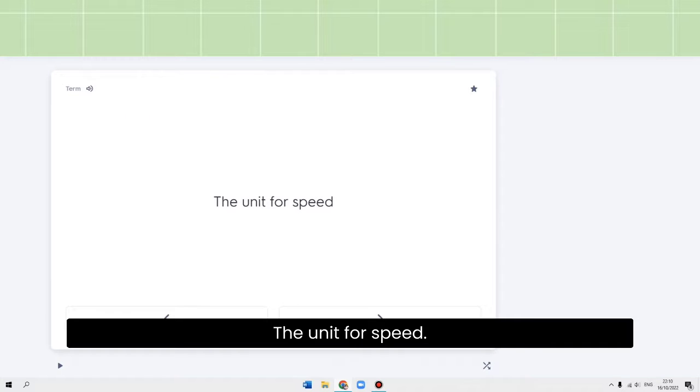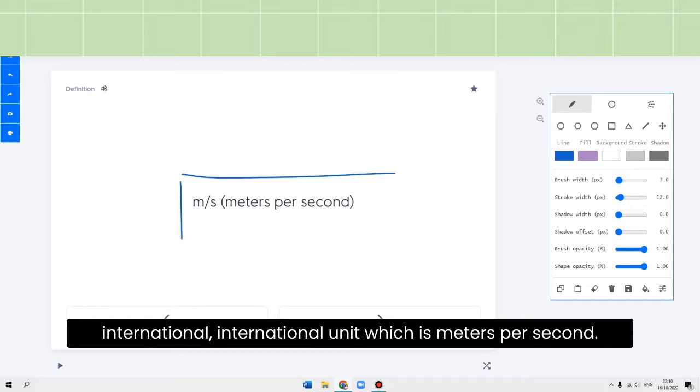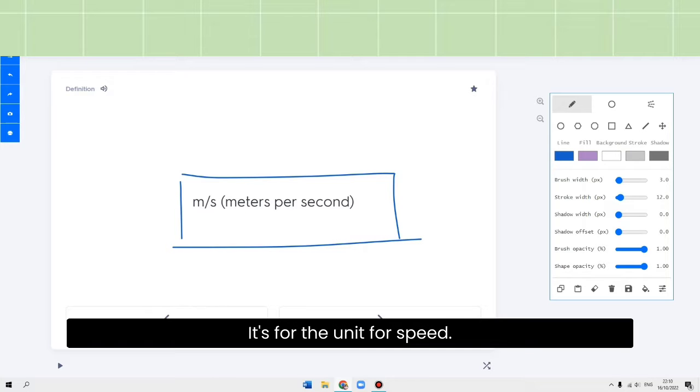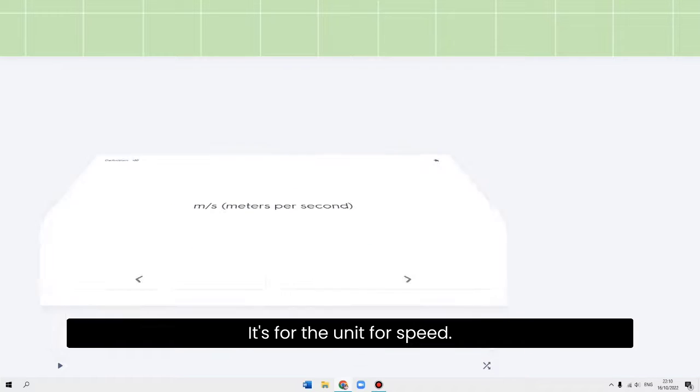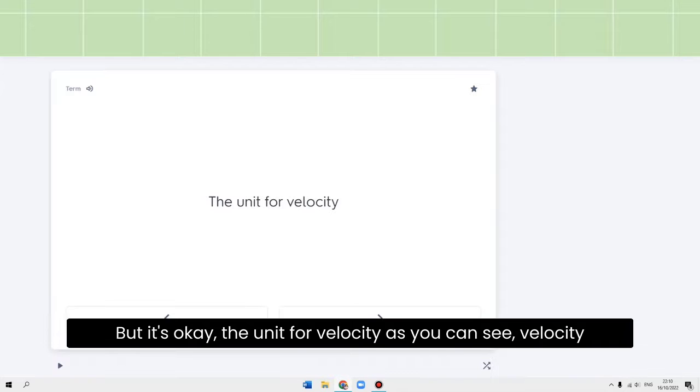The unit for speed is the international unit, which is meters per second.